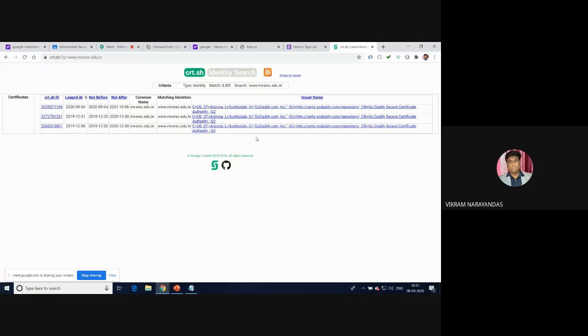So you can see the information of the common name is mvsrec.edu.in, matching entries, the issuer name, and when it is logged, not before, not after. The certificate duration you can see here. If you want, you can type your company name. It will show the certificate information of when we have created the particular one. And it will show the subdomains also here.